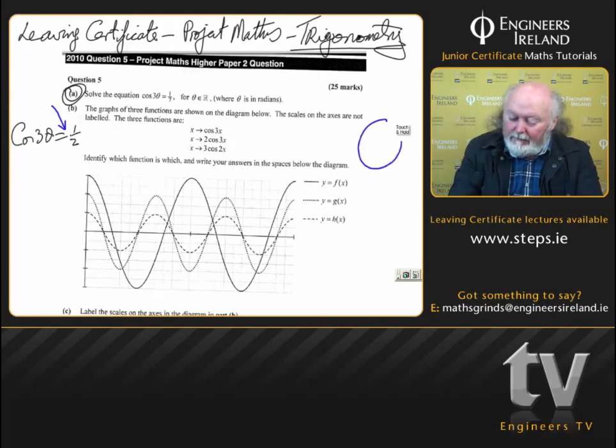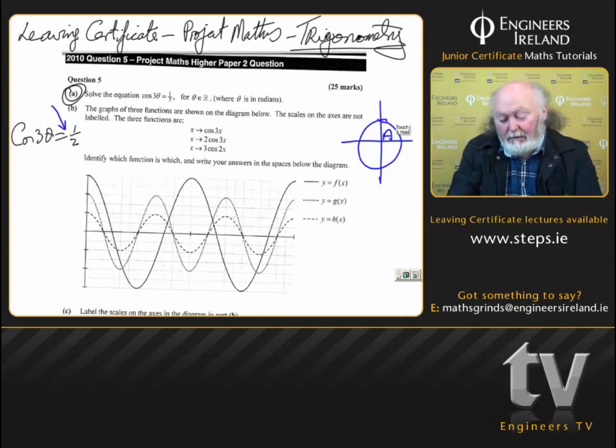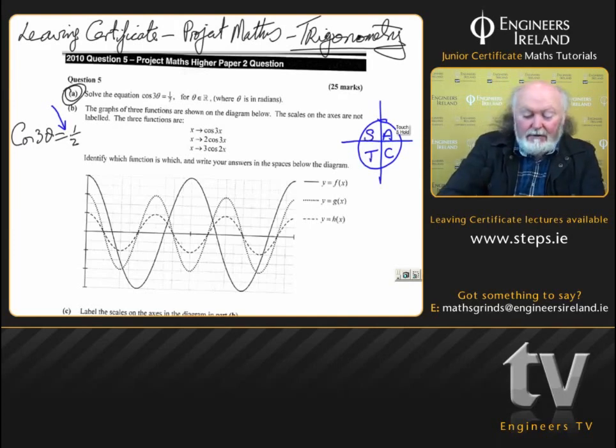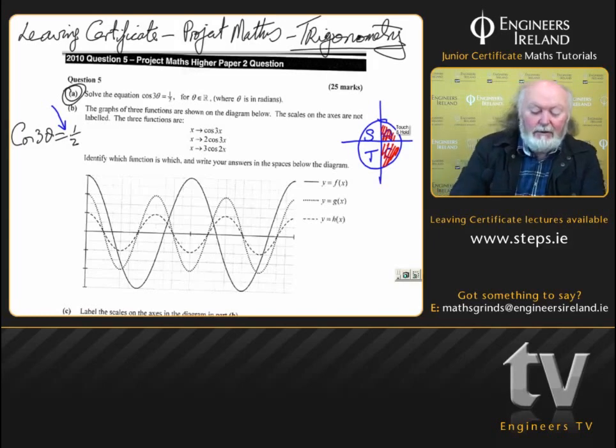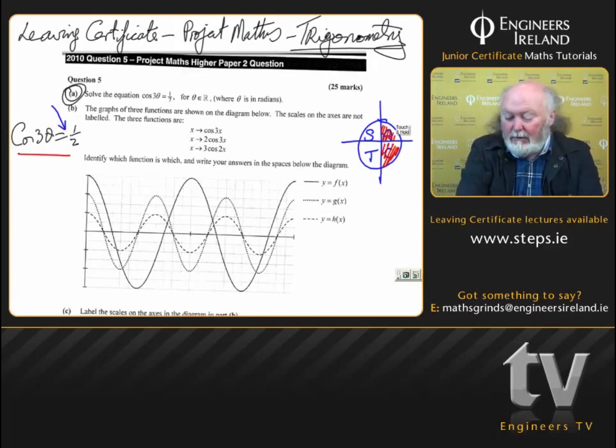If we look at a circle, we know everything is plus here. I like to go the reverse way around because acts, as in acts in a play, sticks in my mind. So everything is positive here and cos is positive here. So we know that the only type of answers that will come out of this question are related to quadrant 1 and quadrant 4.